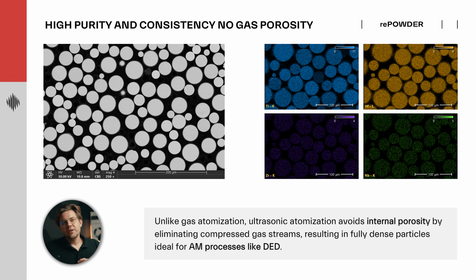Let's take a look at the cross-section of the powder. One of the typical defects in gas-atomized materials is so-called gas porosity. The particle itself is like a shell, so inside the particle you have a bubble of the gas that was used initially for spraying.